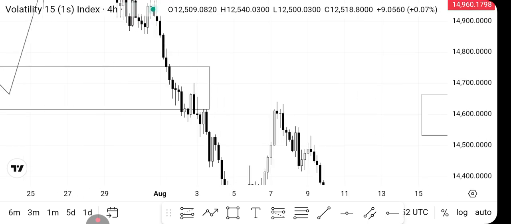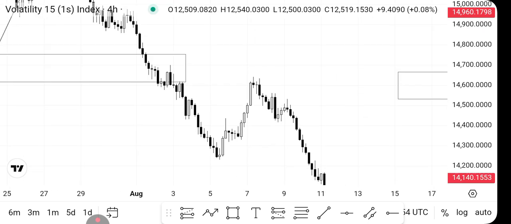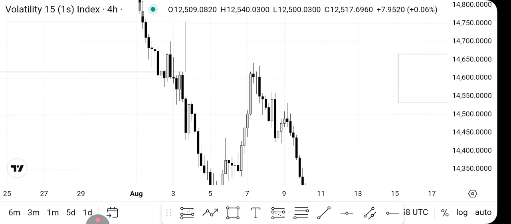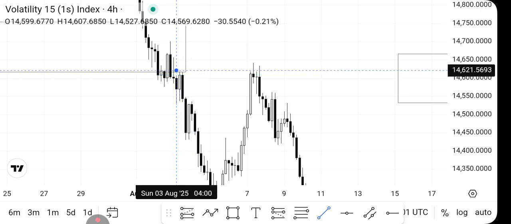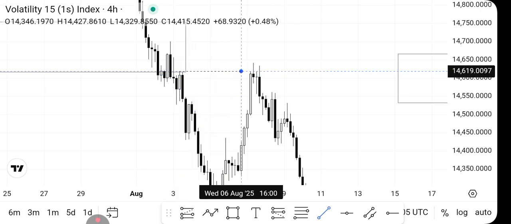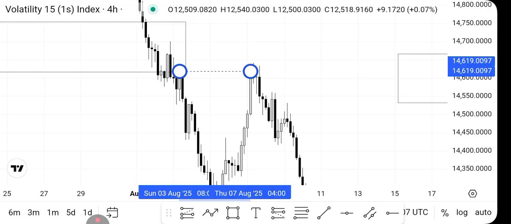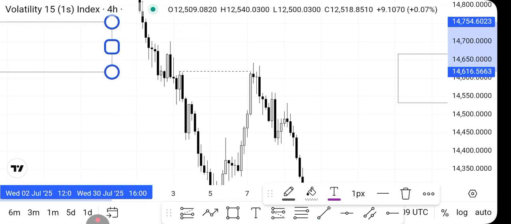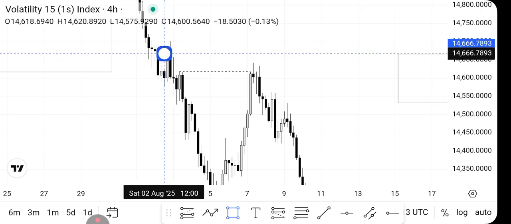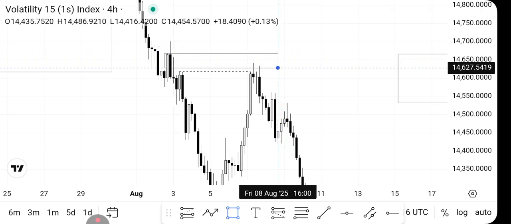Okay, now look at this again. This is a break of structure and inducements here. Market took out the inducements, tapped into the block and moved.